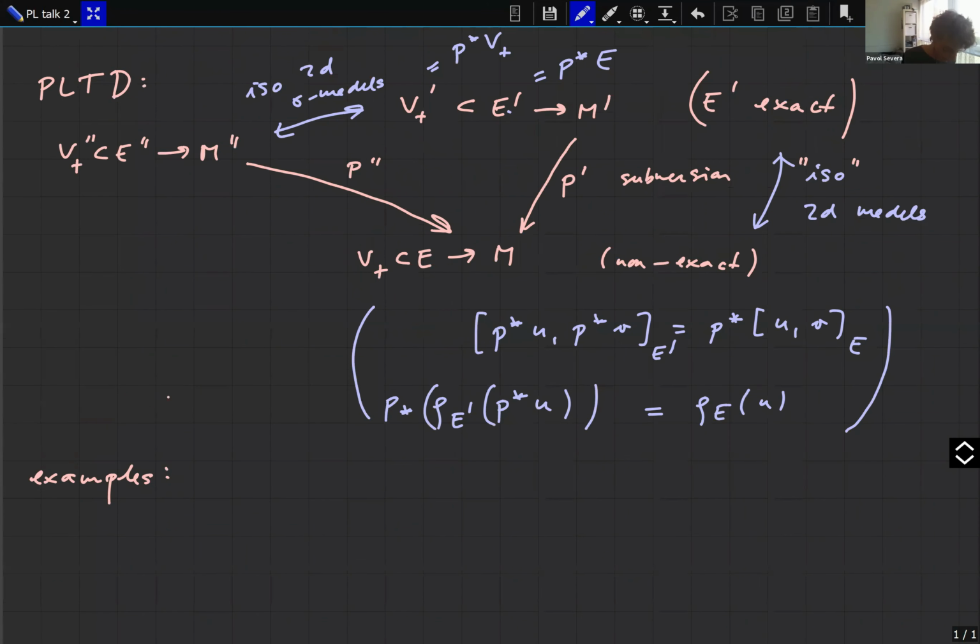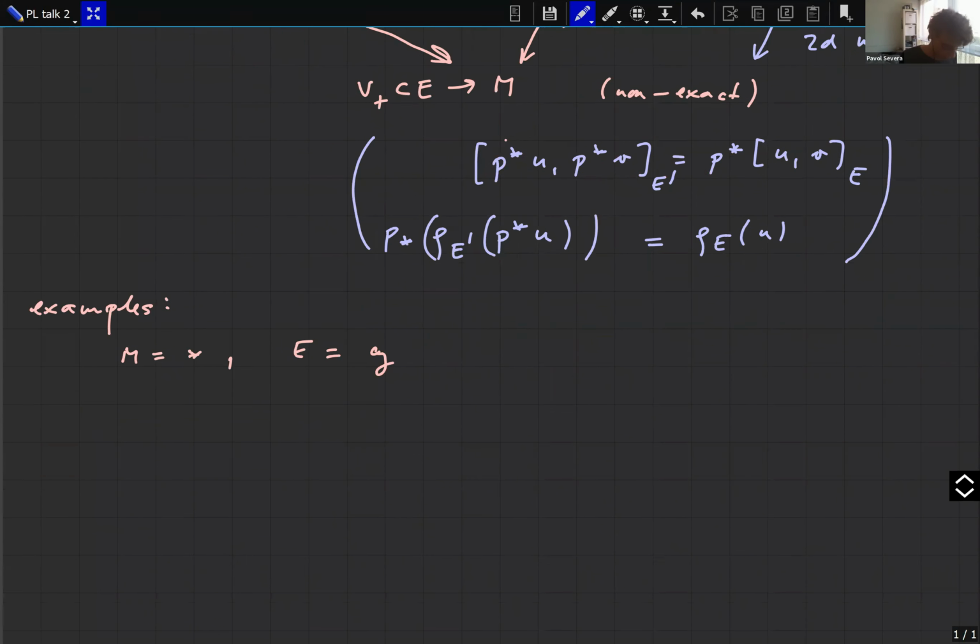So I'll start with the case when M is a point, and so our E is just a quadratic Lie algebra. How does one get those pullbacks in a way that they are now exact Courant algebroids? The way to go is that we take a Lagrangian Lie subalgebra.